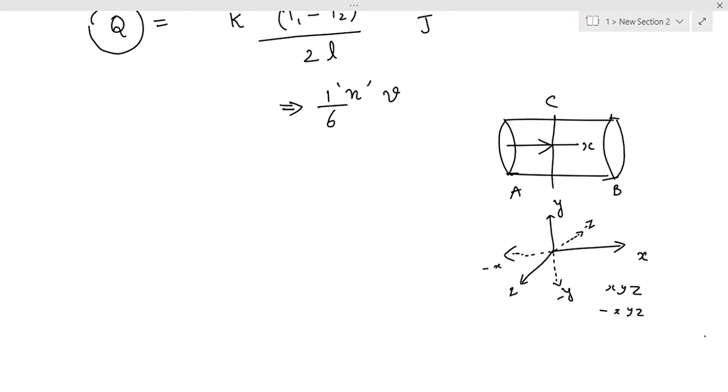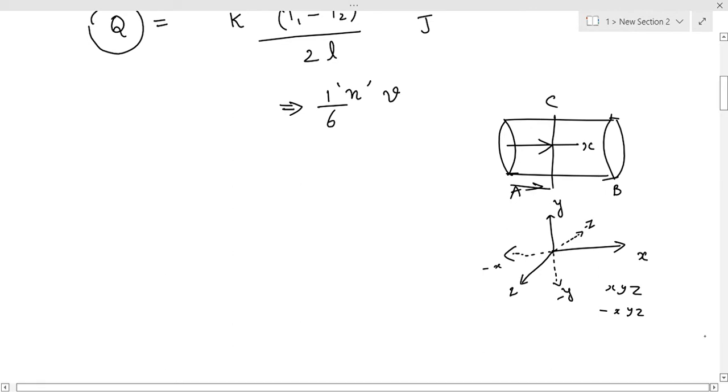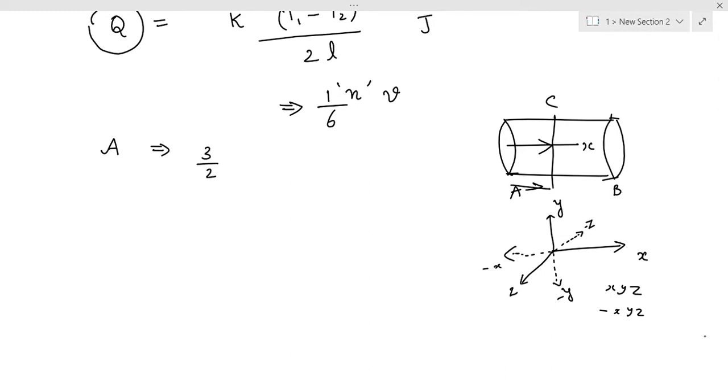The average kinetic energy of an electron from the hot end towards the cold end is taken as 3 by 2 kB T1.